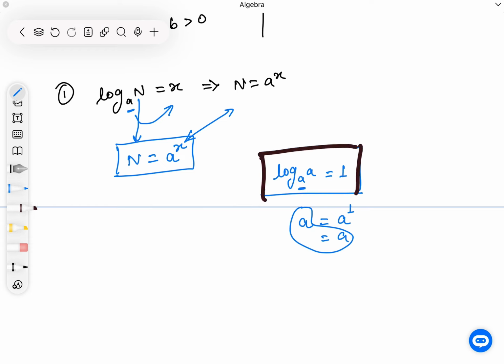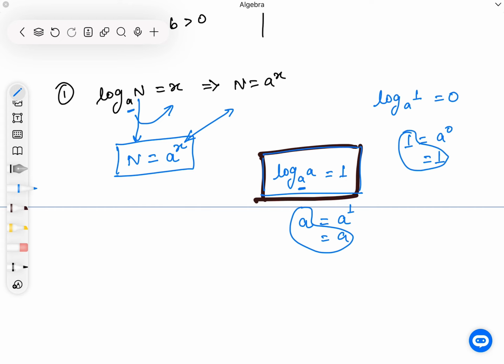So remember this. Another conclusion that we can come to is log a of 1 is 0. Now again do that same thing. 1 equals a to the power 0. And what is a to the power 0? Any number, if it is having a power of 0, it is 1.